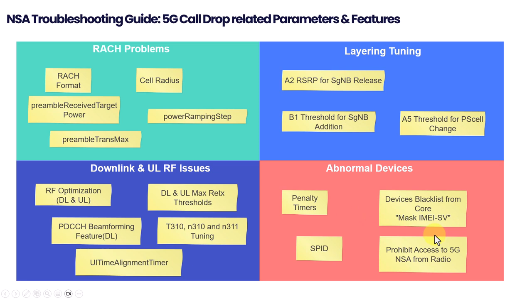And for example, you can request the core network to blacklist particular devices from accessing the 5G non-standalone network, or you can do it through the SPID feature, which is called subscriber profile ID, or you can do it through some other vendor-related features, where you can prohibit the user from accessing non-standalone from the 4G RAN. And this is a listing of the most common parameters, and that's it for today's session.